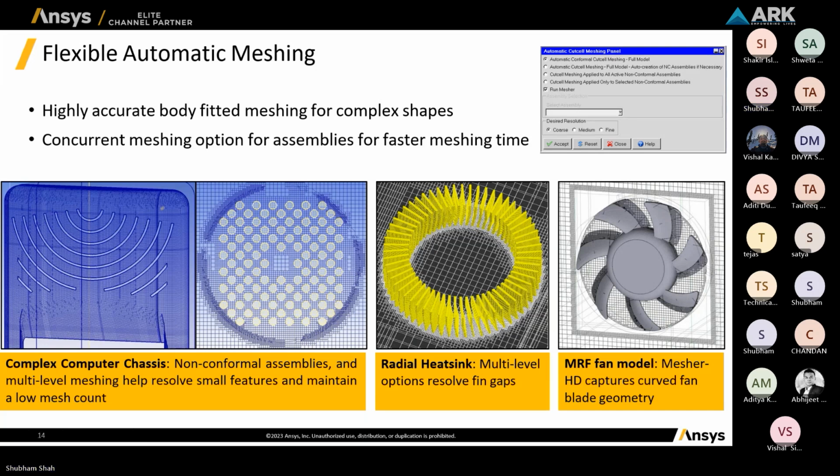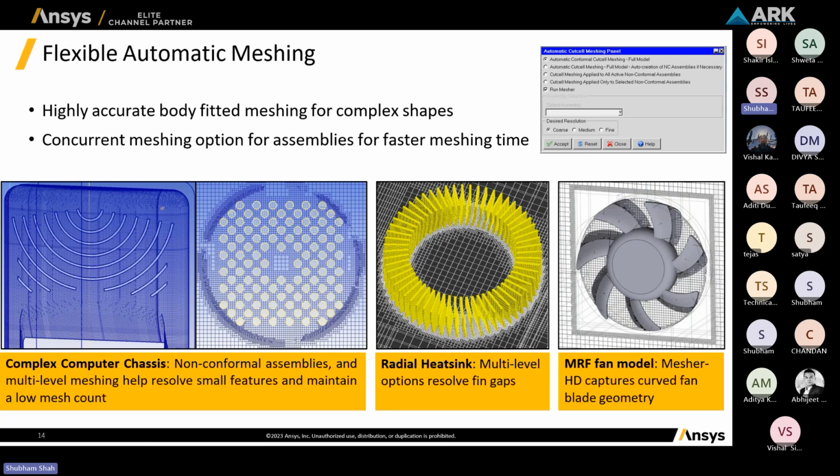Apart from that, you can go with non-conformal assemblies and multi-level meshing. These are a few of the meshing methods available. Also, the mesh HUD option is available in the meshing part.